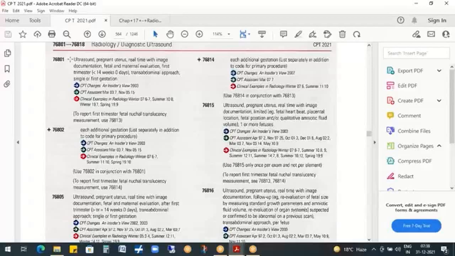Man-made radioactive seed elements are used for treatment of malignancy.